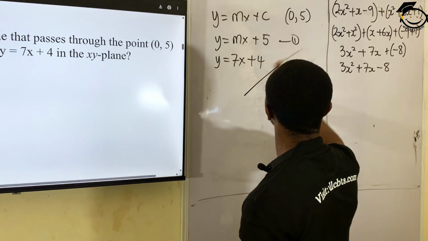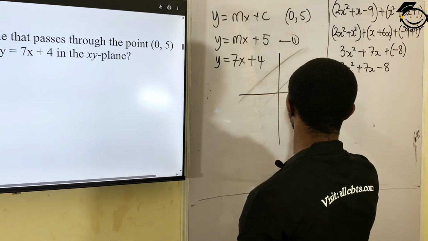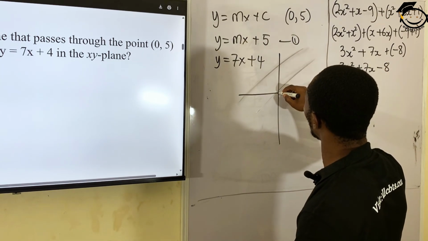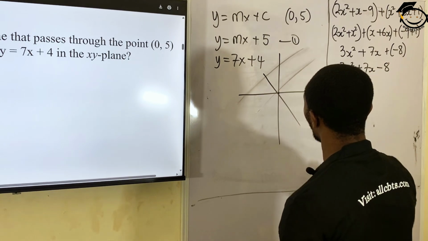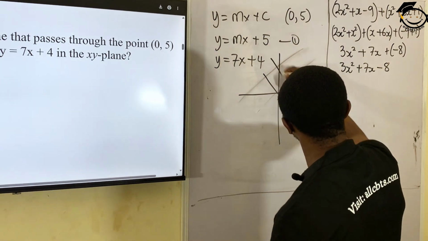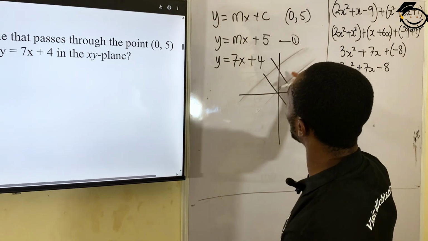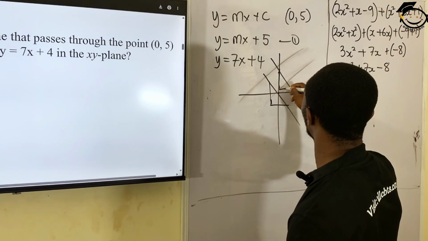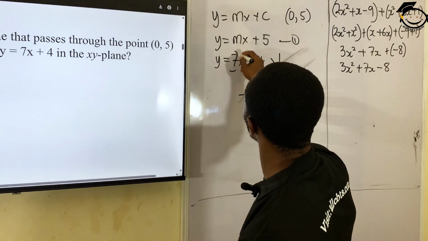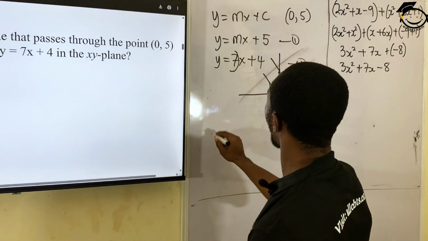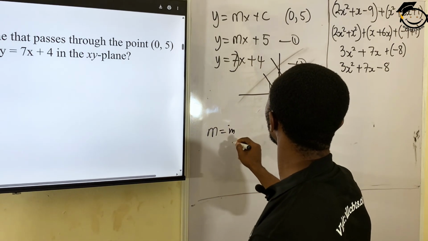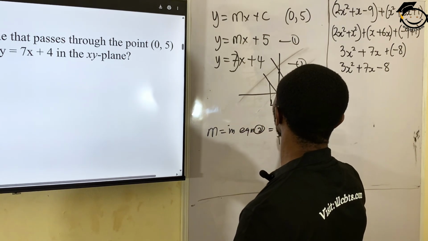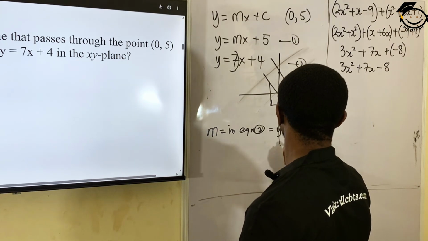From our Cartesian plane, if we say the first line is passing through this point at 0 and 5, then the second one is also parallel to it. If they are parallel, then they have the same gradient. So the gradient m in our equation 2, which is y equals 7x plus 4, is 7.